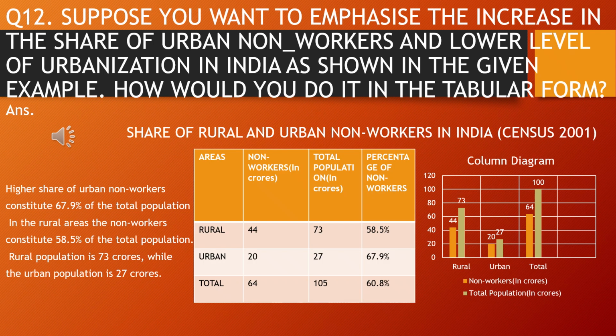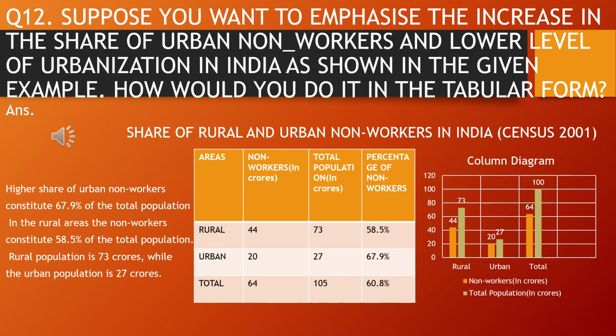Now we consider question number 12, which says, suppose you want to emphasize the increase in the share of urban non-workers and lower level of urbanization in India as shown in the given example. How would you do it in the tabular form? So here in the answer, we see that the higher share of urban non-workers constitutes about 67.9% of the total population, and in the rural areas, the non-workers constitute 58.5% of the total population.